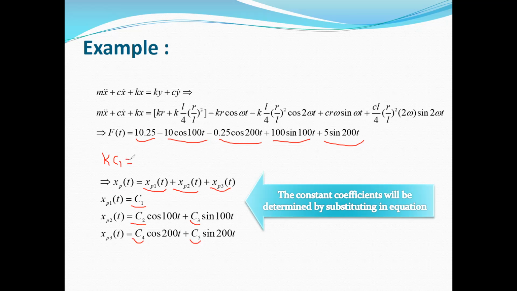It's equal to 10.25. Sorry for my bad handwriting. And from here, you can conclude that C1 is equal to 10.25 divided by k. So this is the C1, the first particular response, this one.